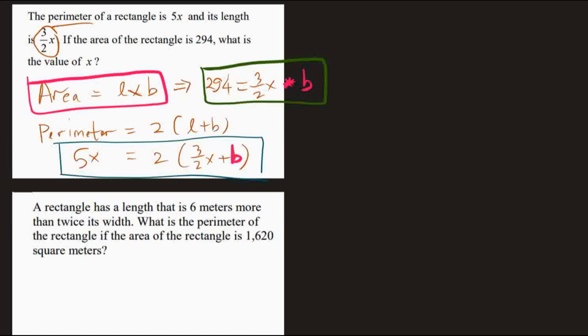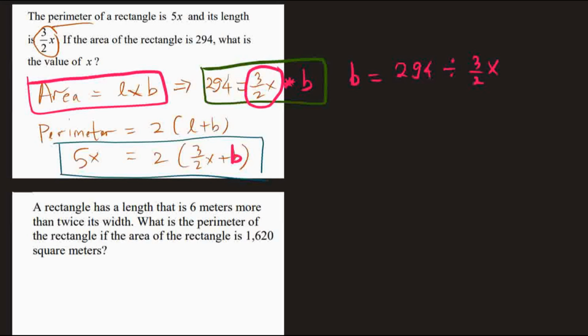Now we work from the first one. In the first one we set b as the subject. So b is equal to 294 divided by 3 over 2x. We divide because this is times. To make b the subject we have to separate this part by division.